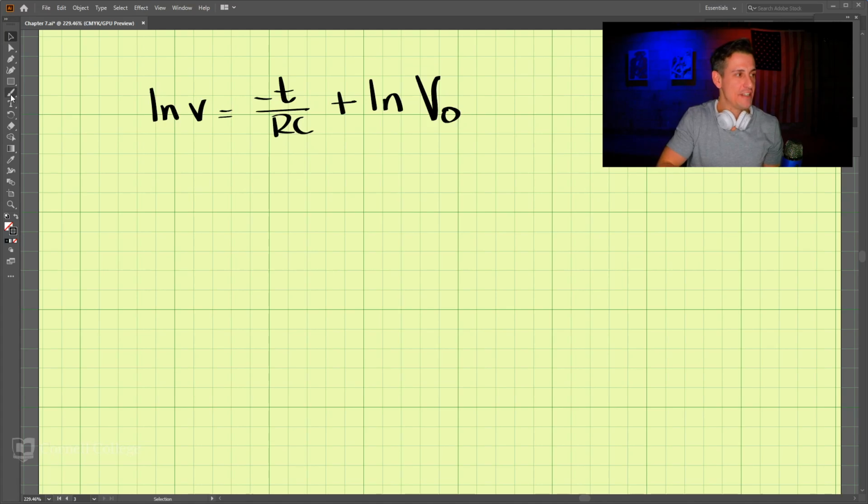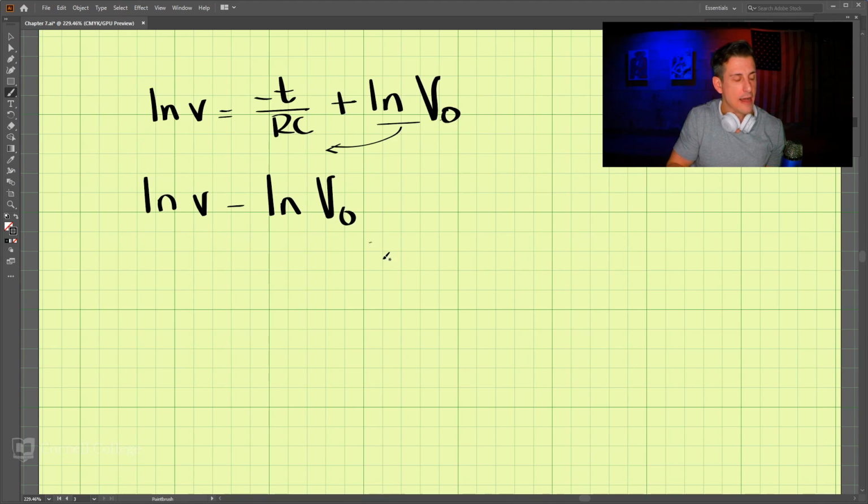Now that we have this equation, we're going to move this to the other side. So we have natural log of v minus natural log of v naught is equal to negative t divided by RC.